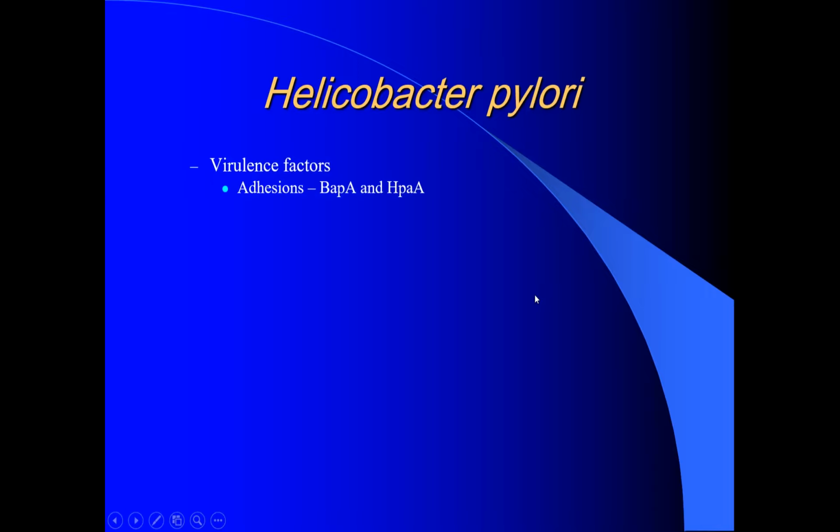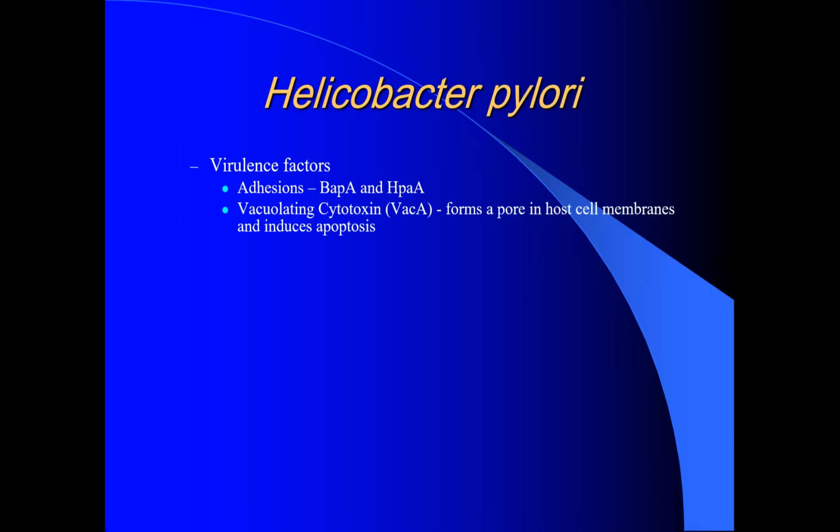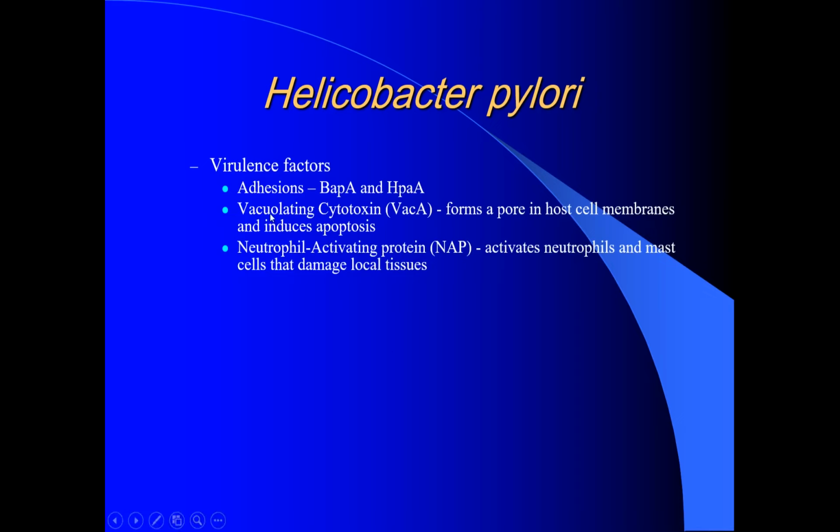The most important thing, the H. pylori contain different types of the virulence factor. قلنا طبعا هي الفيرولنس فاكتور، وهي اللي تحدد الفيرولنس اوف بكتيريا. أهم فيرولنس فاكتور بالاتش بايلوري تحتوي على adhesions factor اللي نسميه PAP A and HIPA A. This for the attachment or the adherence of the bacteria to the epithelial lining of the stomach.